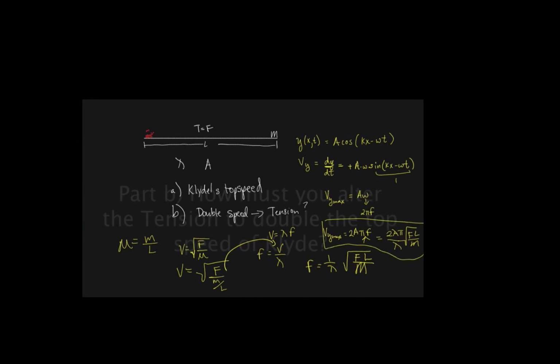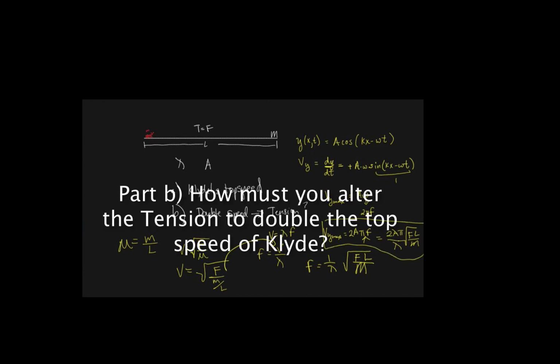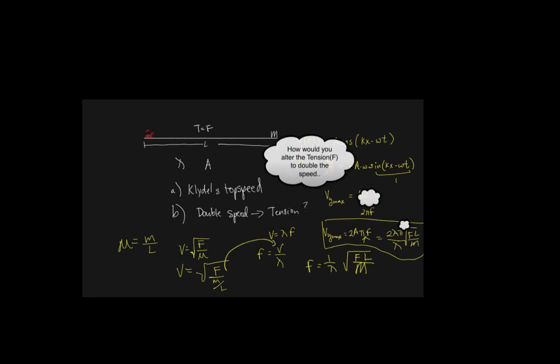Which of these things can we actually change? Can we change the mass of the rope? No, you can change force. That's about the only thing you can change, right? So what do we do with that force?